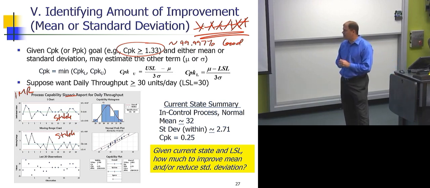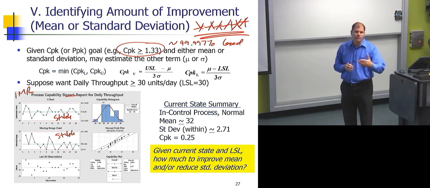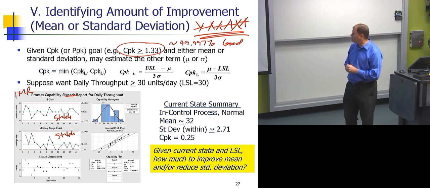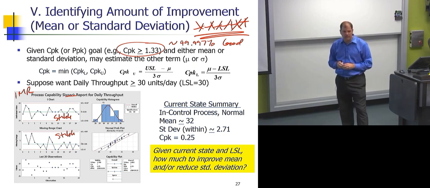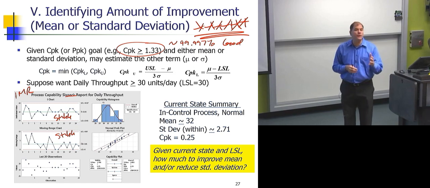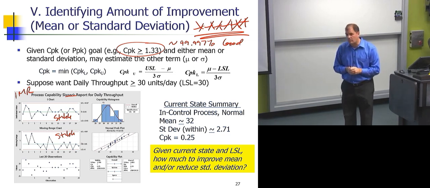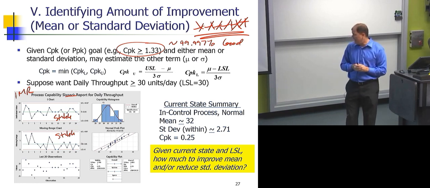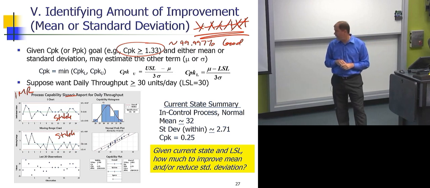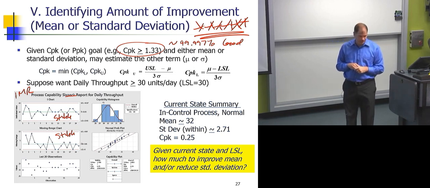From this consistent process, I can now estimate a value for the mean and the standard deviation. Let's say I use the center line of my individual chart, which would be a mean of 32. And then for my standard deviation, because I have an in-control process, let's say I use the R bar over D2 or the MR bar over D2, and I estimate my standard deviation as 2.71.